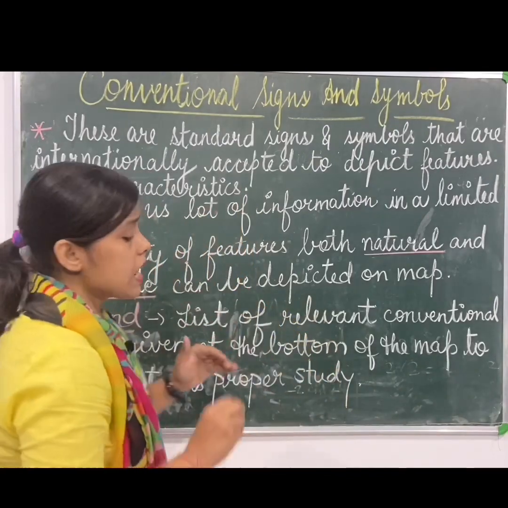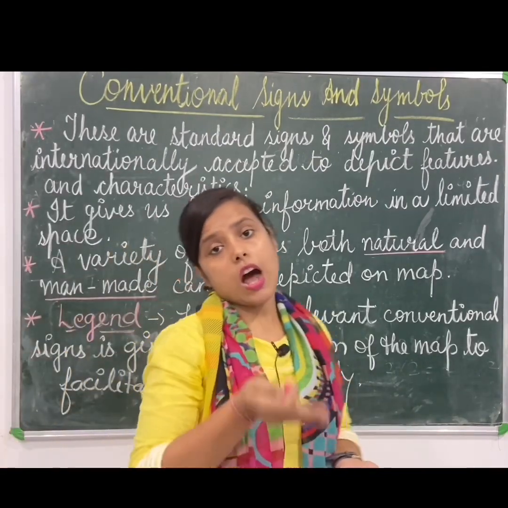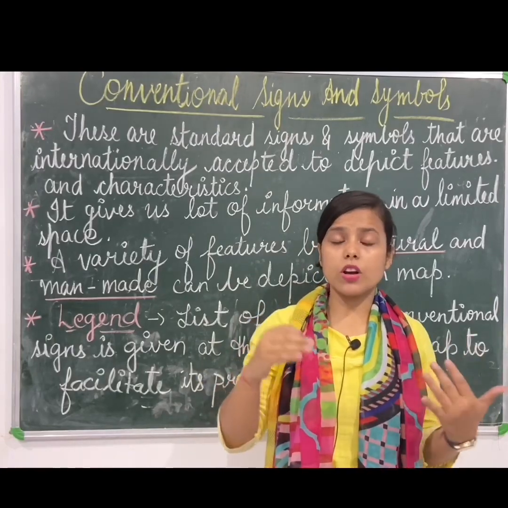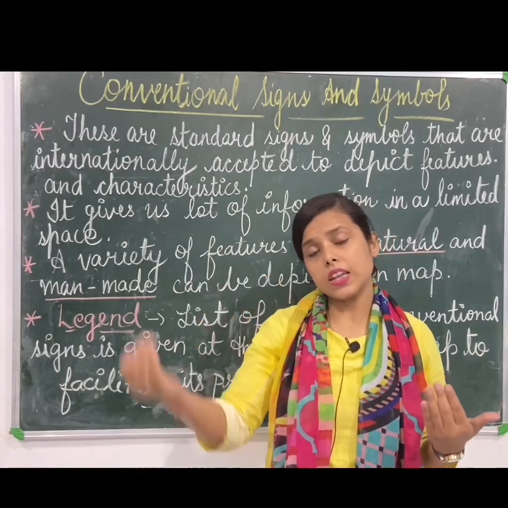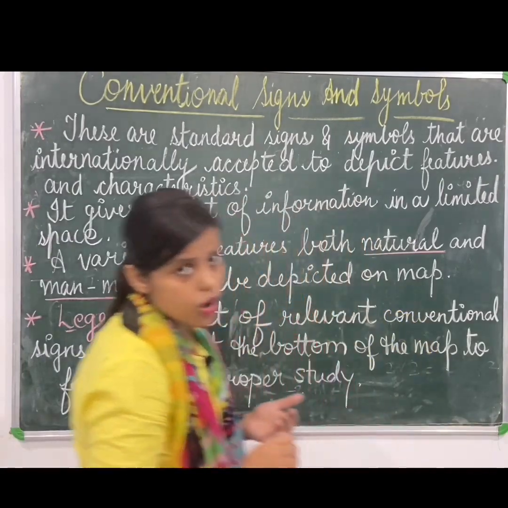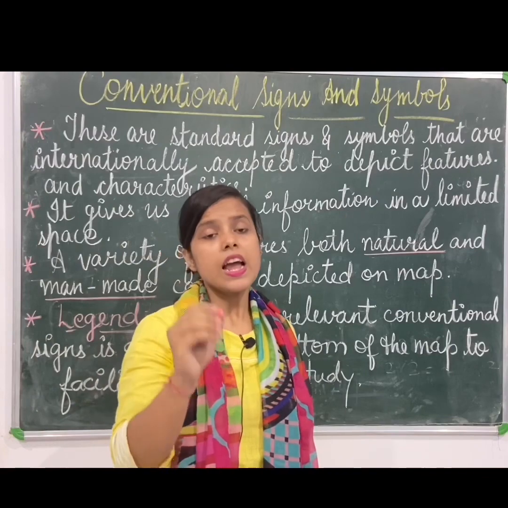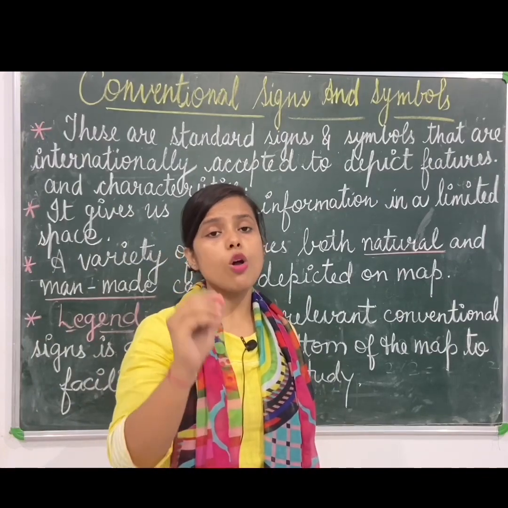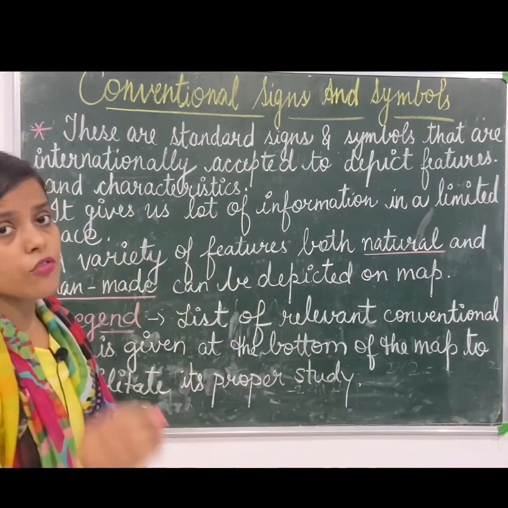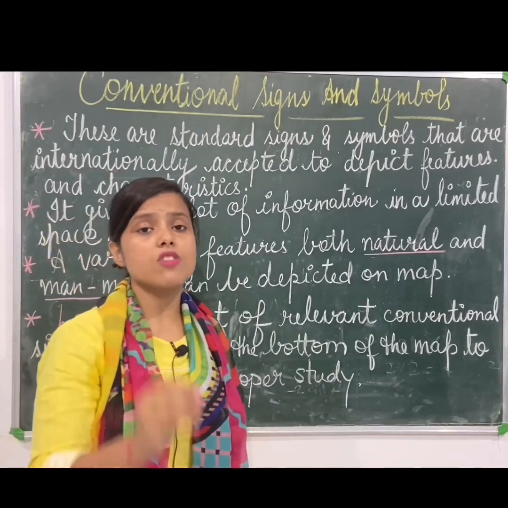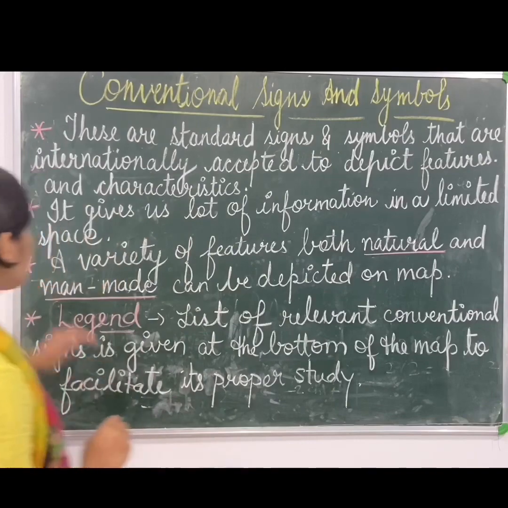It's not that the conventional symbols on our country's maps will be different from other countries' maps. It will be the same for all. That means the information which it gives will be clear for the user of the map. It will be easy for the user of the map to understand what these symbols are trying to indicate.